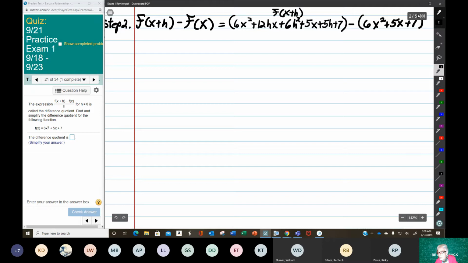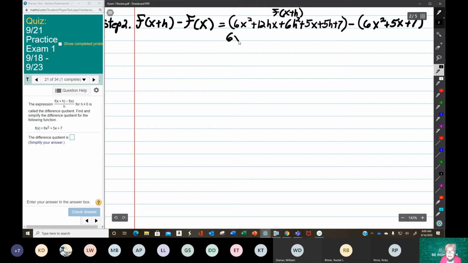Wish I could make that go away, but I guess I can't. Okay. Oh, it went away. Okay, so now I don't really need these parentheses around this long part.